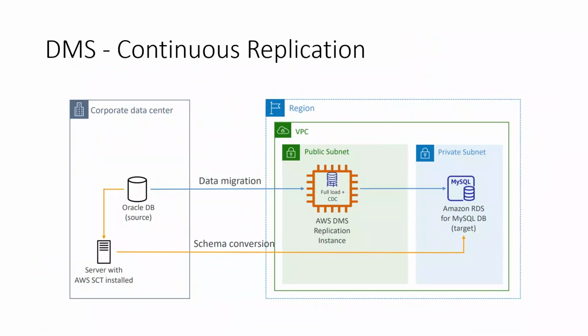Now, continuous replication: a server with AWS SCT installed. So basically you have a corporate data center and you are doing the data migration, and you have this AWS DMS replication instance which is running in the public subnet, obviously, because if it is not in the public subnet, how will we reach that particular instance, right?